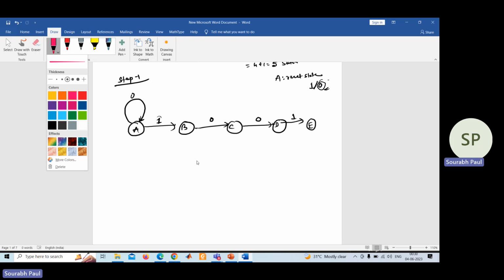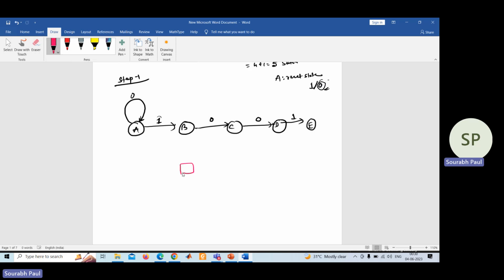Now try to understand this. What is B detecting actually? B is detecting the value of 1. From A to B you have the value of 1, meaning B is detecting 1. What is C detecting? 1 0. What is D detecting? 1 0 0. And what is E detecting? 1 0 0 1. You can write it down.